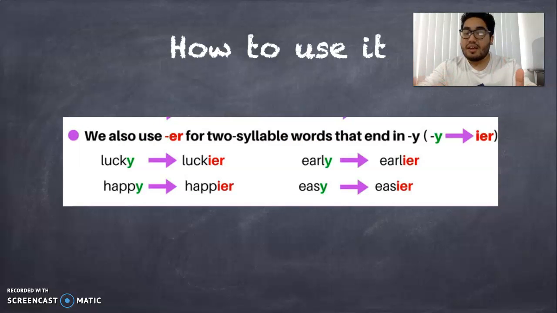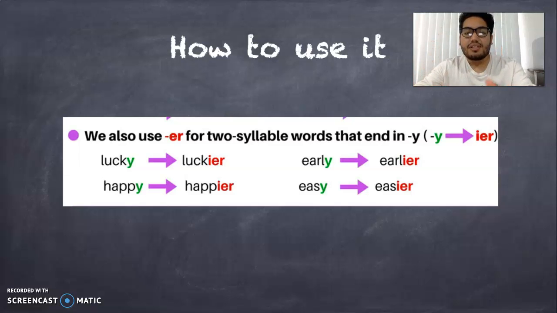We also use -er for two-syllable words that end in y, and the y becomes an i. For example, lucky, luckier; happy, happier; early, earlier; easy, easier.